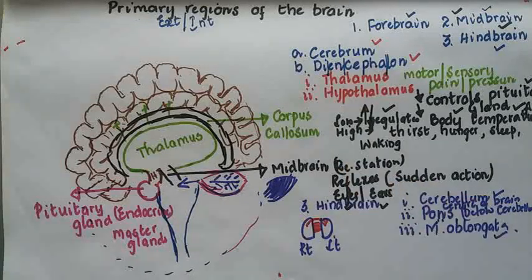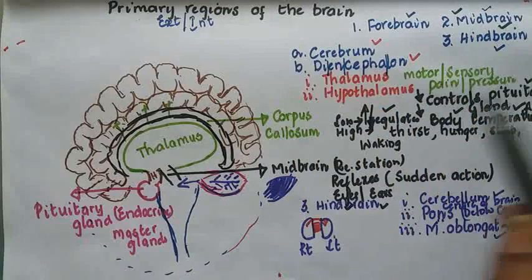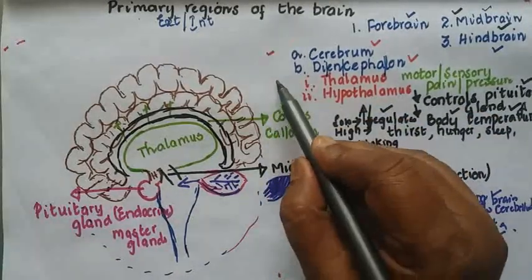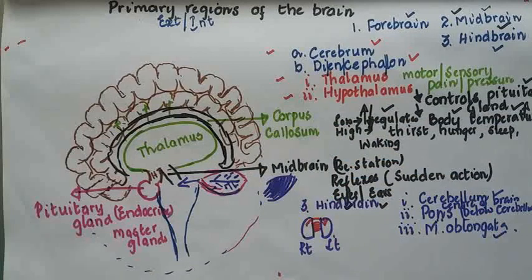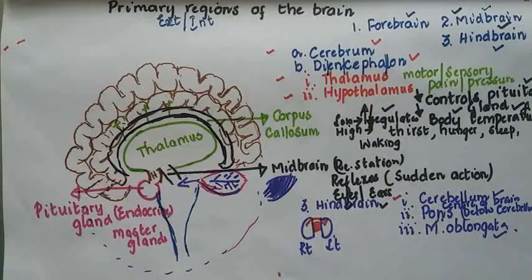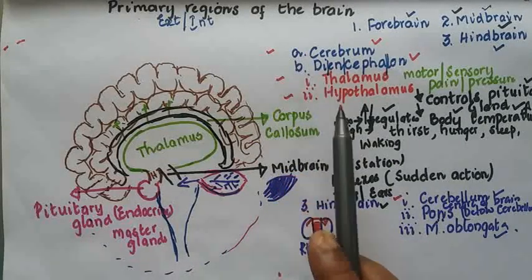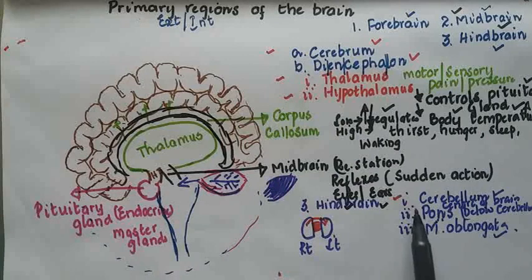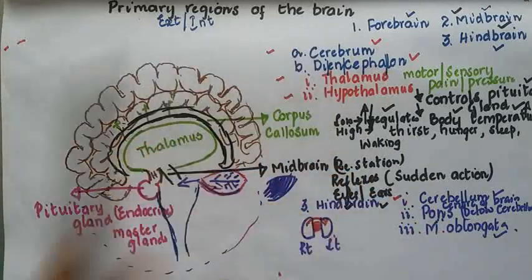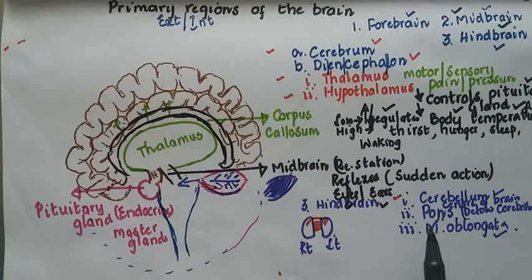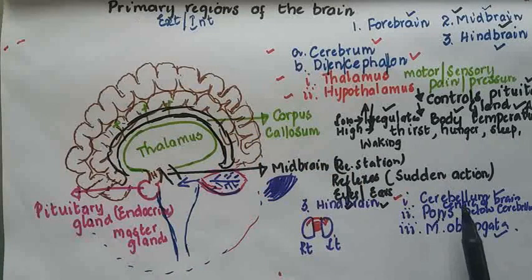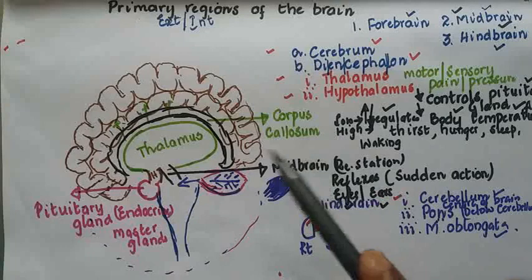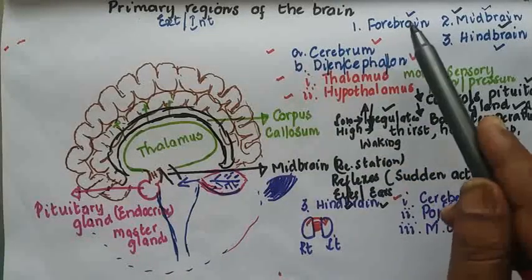Children, sometimes you can expect an odd one out from the primary regions of the brain. They may sometimes give you words like cerebrum, thalamus, hypothalamus, followed by cerebellum. Among these four, the cerebellum is the odd one out because it is a part of the hindbrain, whereas the other three are parts of the forebrain.